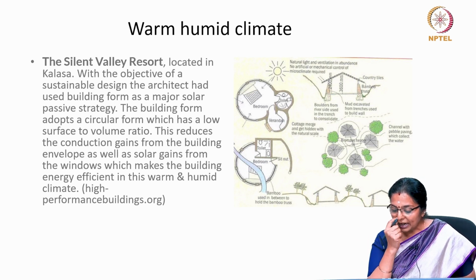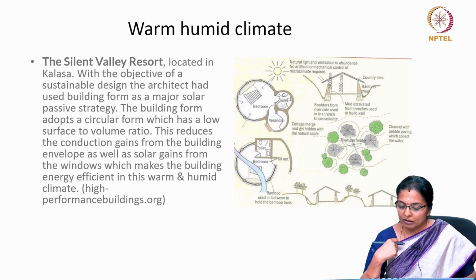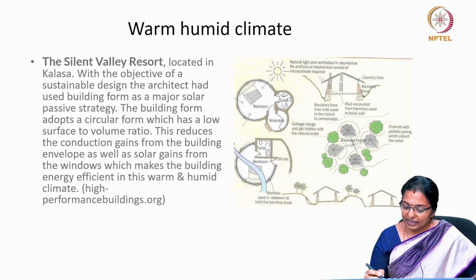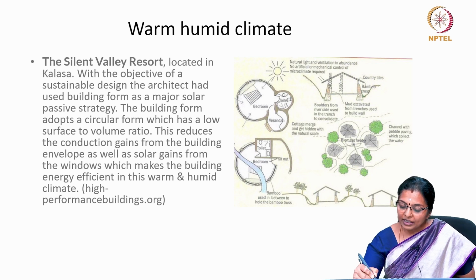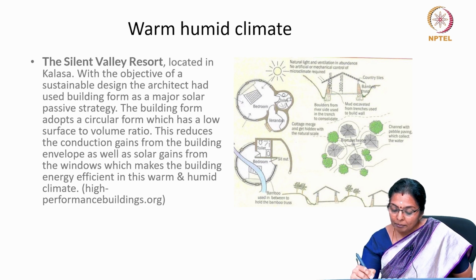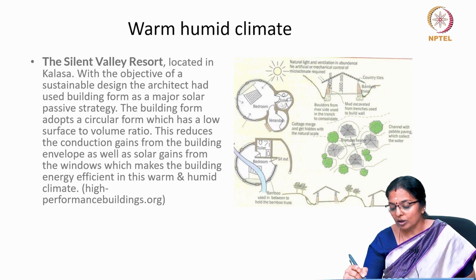So, if you look at this building, which is a sort of a resort, you can see that the rooms are all circular, and along the areas where there is maximum solar heat gains, there is no such one wall where there is direct solar radiation.